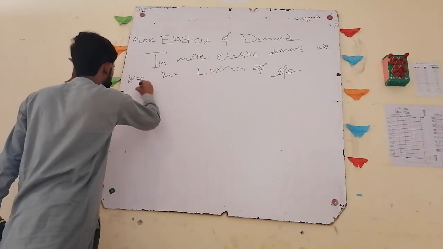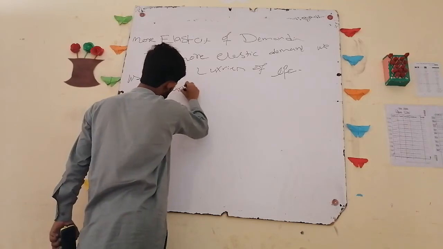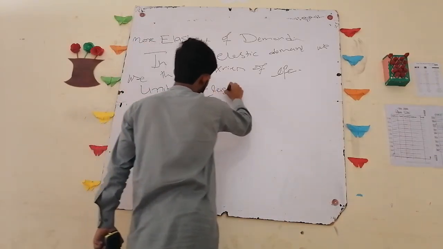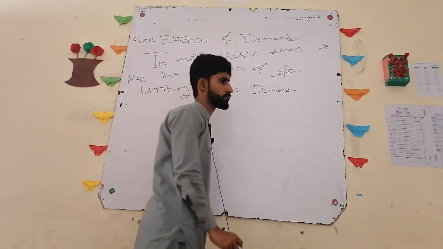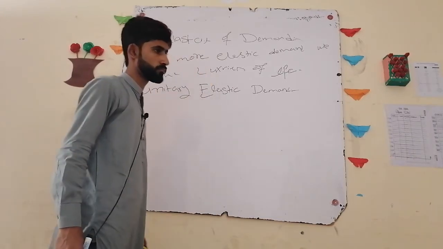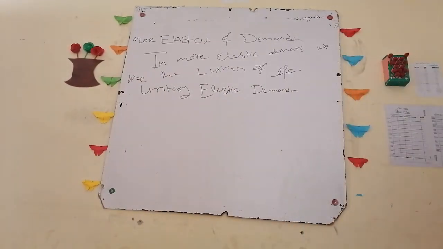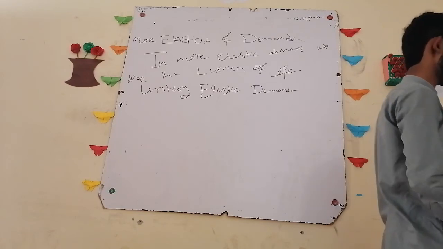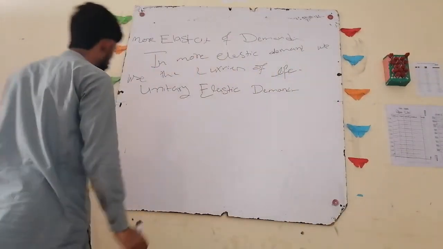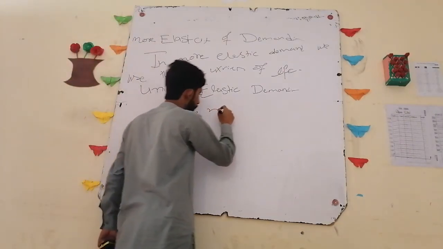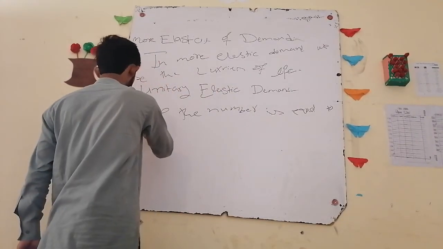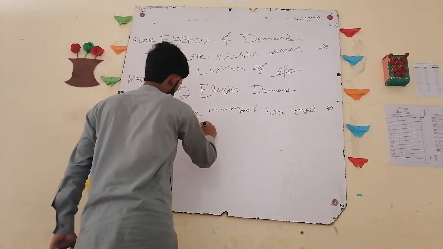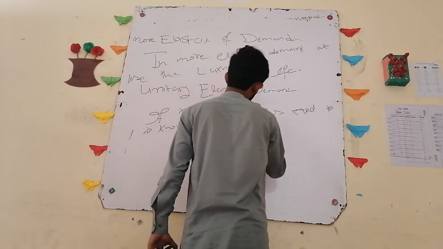Unitary elastic demand: if the number is equal to 1, it is known as unitary elastic demand.